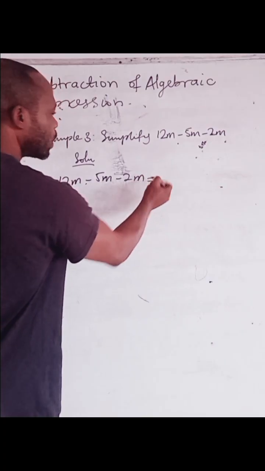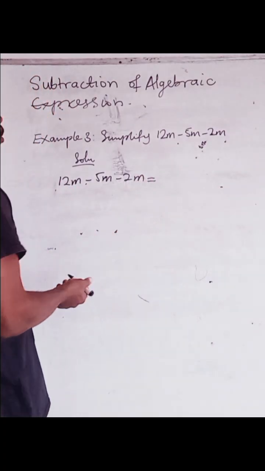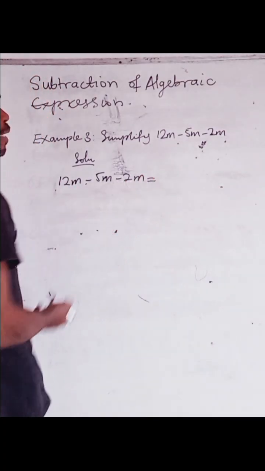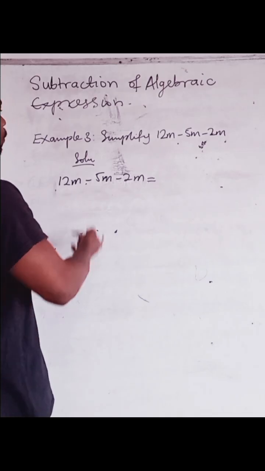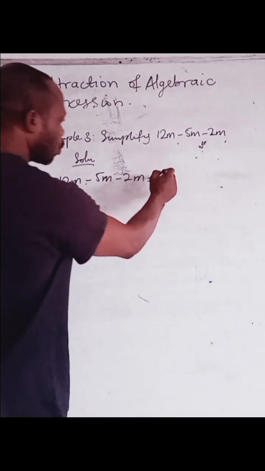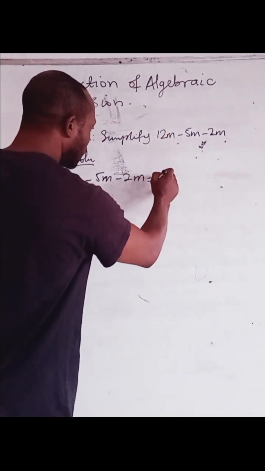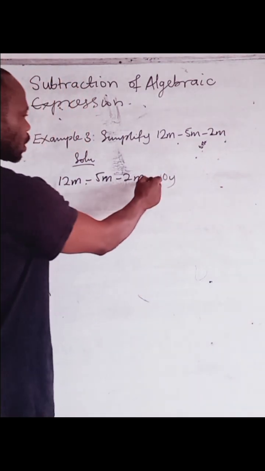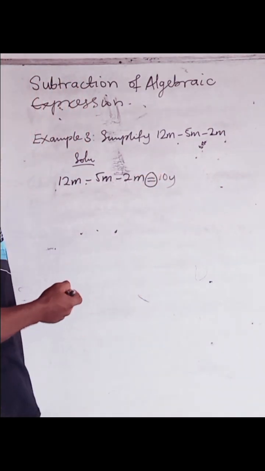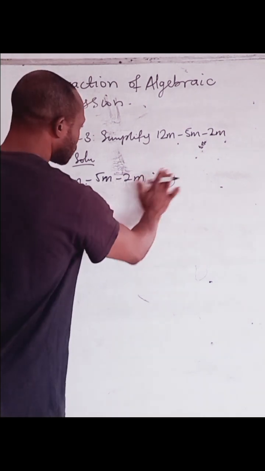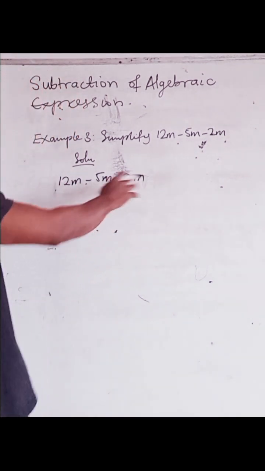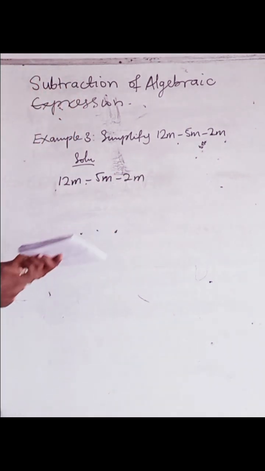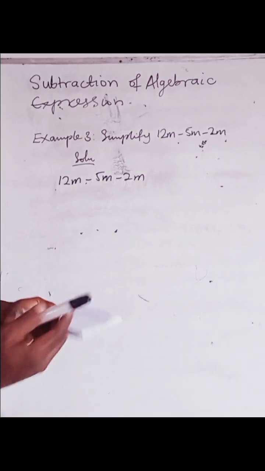It's not equal to anything. But if you have an equal to sign here, and you have this expression equal to, let's say, 10y, then because of this equal to sign, you can call it an equation. But as it is now, this is an algebraic expression. It's not an equation.